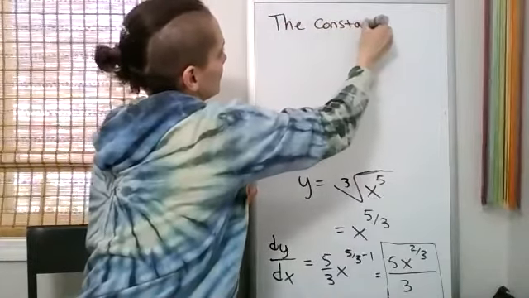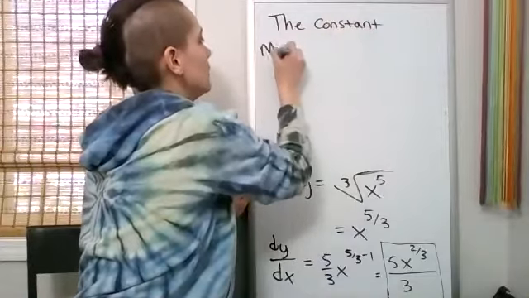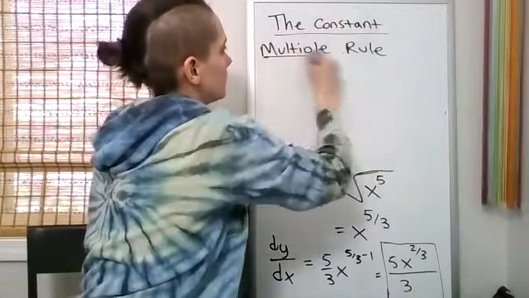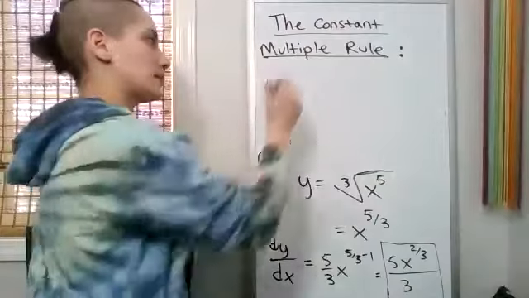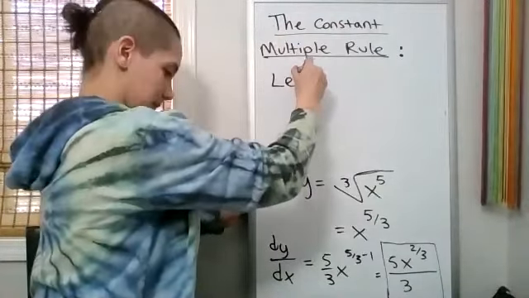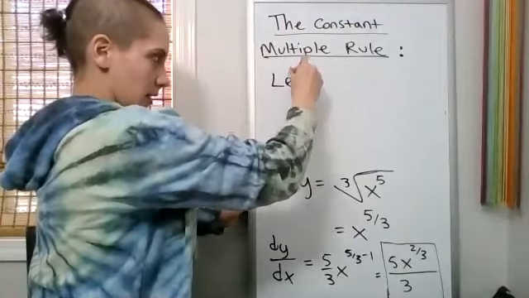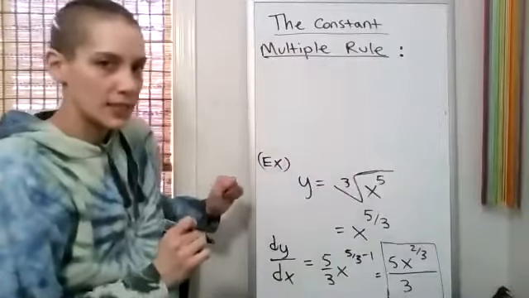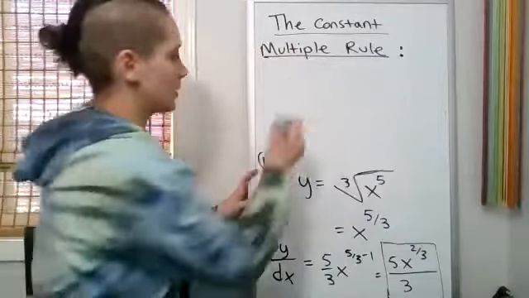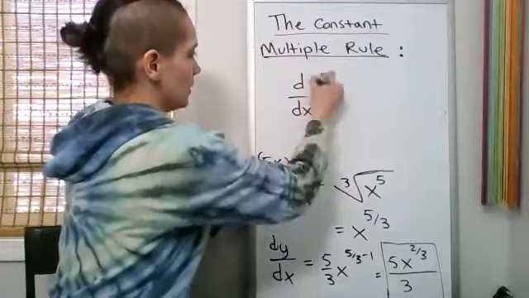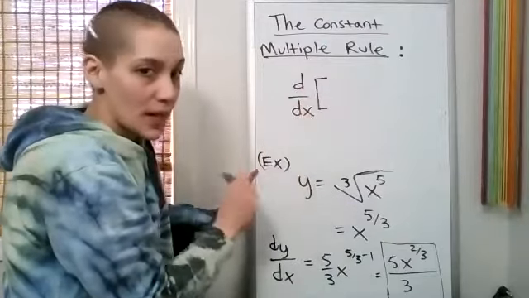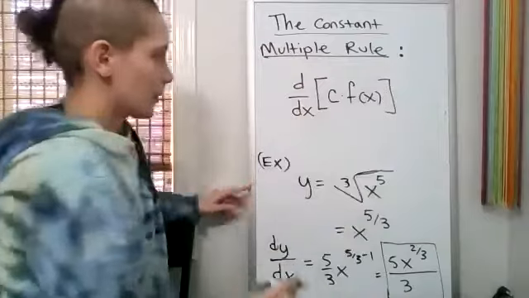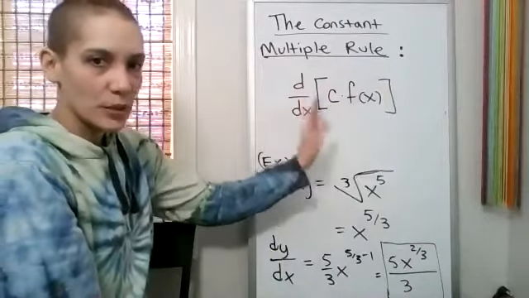You'll write the derivative with respect to x, dx of c times f of x. You can bring out the c and have c times the derivative of f of x.